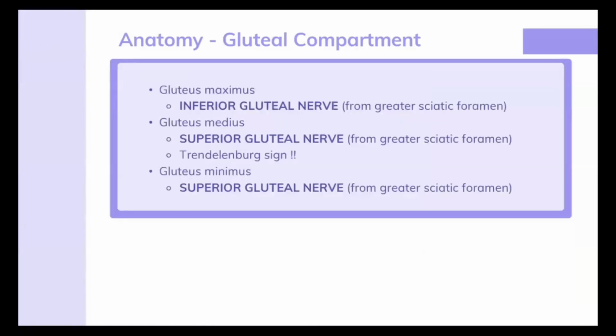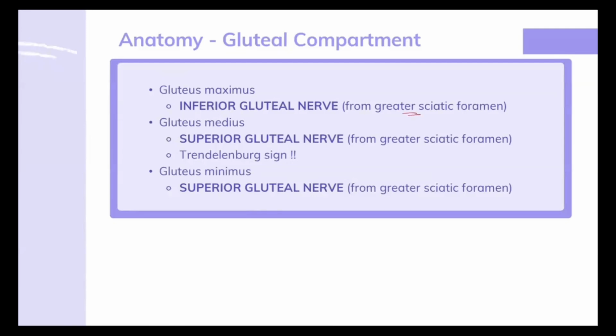Gluteus maximus is supplied by the inferior gluteal nerve, which is coming from the greater sciatic foramen. I would suggest memorizing their origins and nerve roots, but that should just be part of your general content outside of OSPE as well, so I'm not mentioning it here. Gluteus medius and gluteus minimus are both supplied by the superior gluteal nerve.